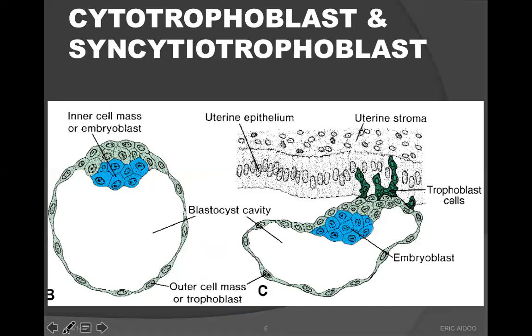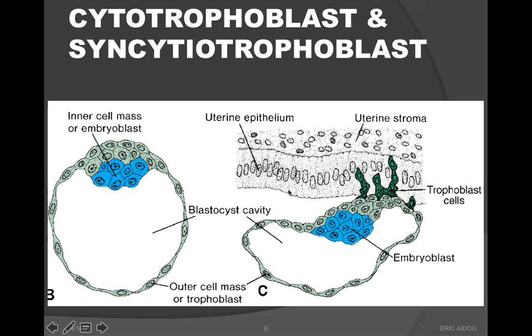So for the cytotrophoblast, which now has its individual cells, and then the syncytial trophoblast, both of them come out as the blastocyst has an encounter with the endometrium.